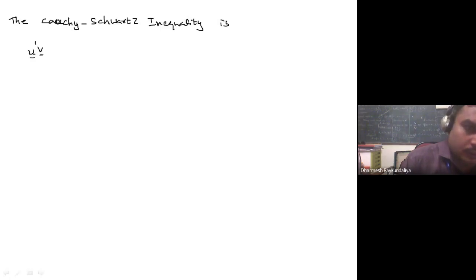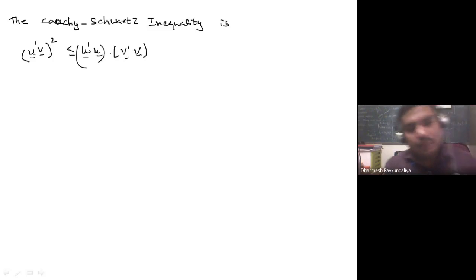(U dash V) square is less than or equal to (U dash U) into (V dash V). This inequality you must have used in probability theory, or in the correlation regression study at the BSc level, where you showed that the square of the correlation is less than or equal to 1. Anyhow, we will use the Cauchy-Schwarz inequality.